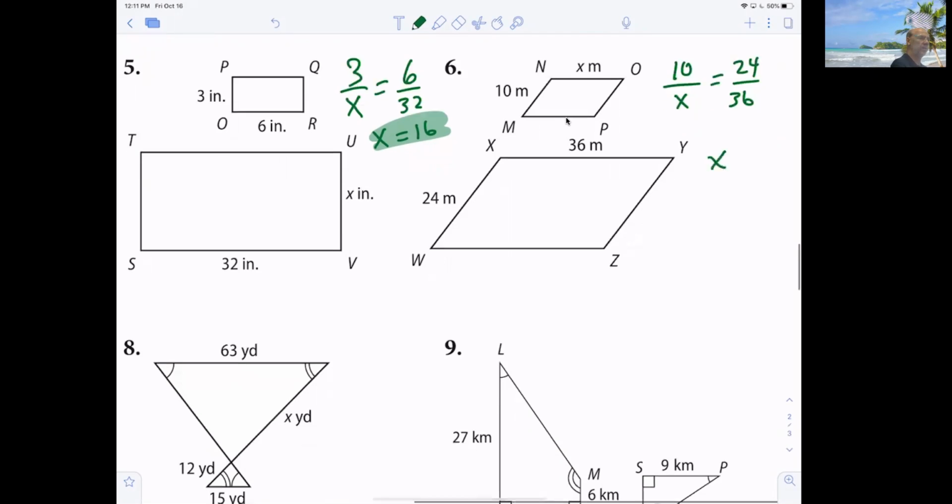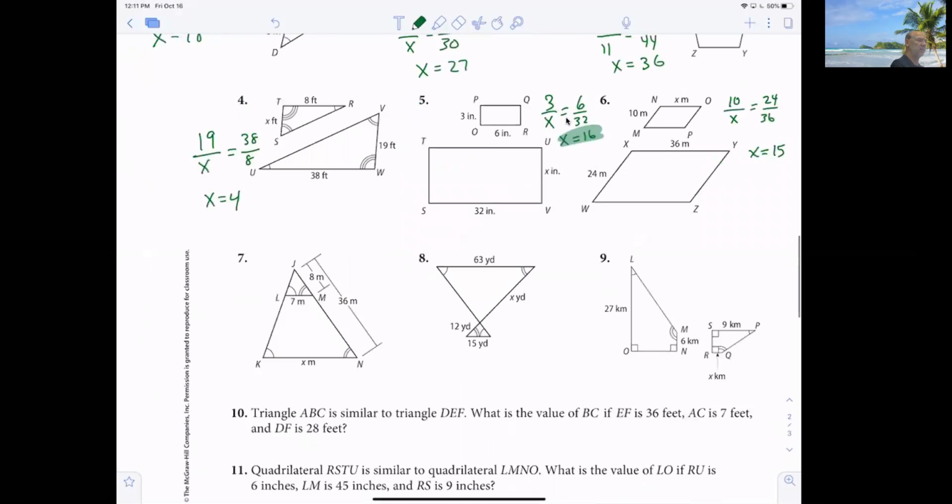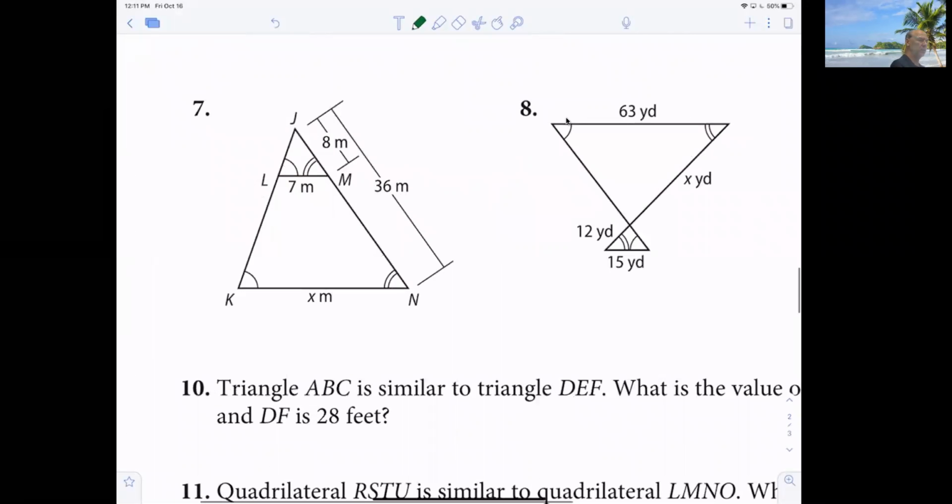I didn't hear you. 15. Anybody else get 15? All right, I'm happy. All right, Ashley, go. 7 over x, and 8 over 26. You are amazing.